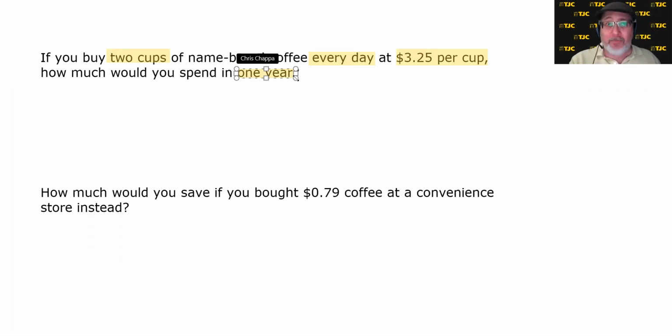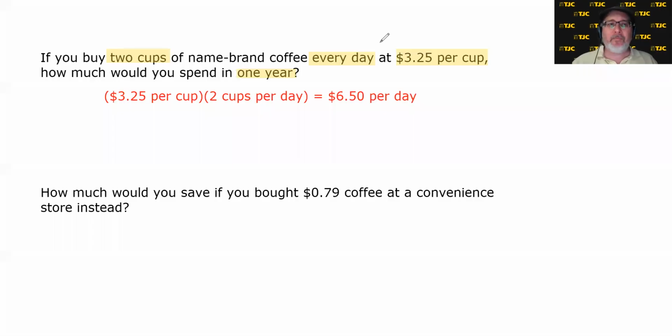Well, this one's actually pretty easy. If we spend $3.25 per cup, 2 cups per day, then that's $6.50 per day by multiplying.